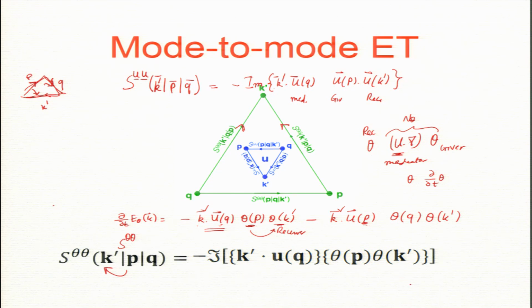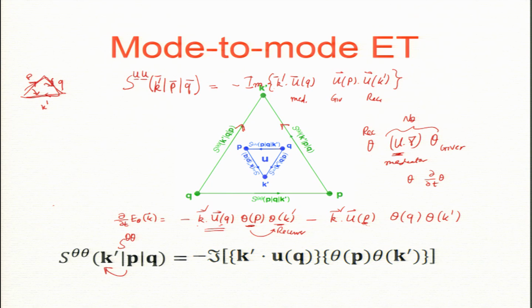This is a mode to mode scalar energy transfer in a triad, and using this I can now define flux. This is a physical argument. We can also construct a mathematical argument, very similar to what we did; I did not do it in great detail, but we can construct a mathematical argument from tensor algebra as well.